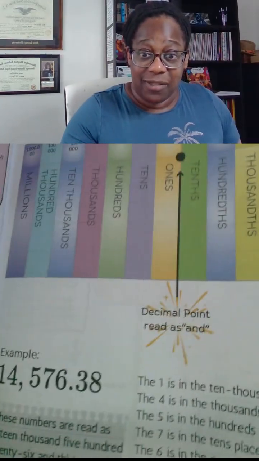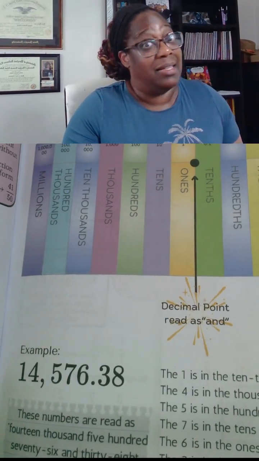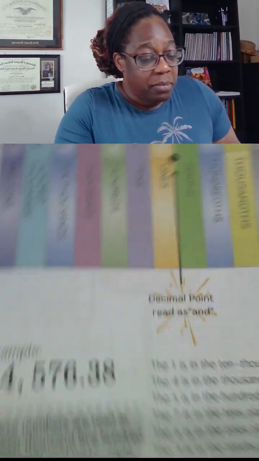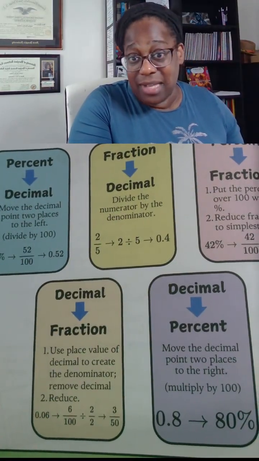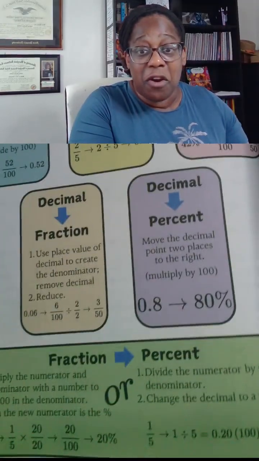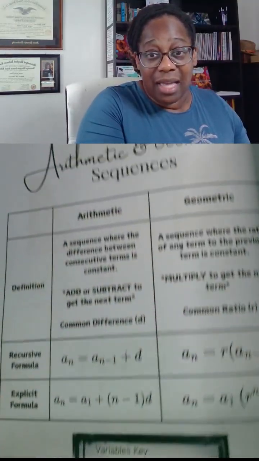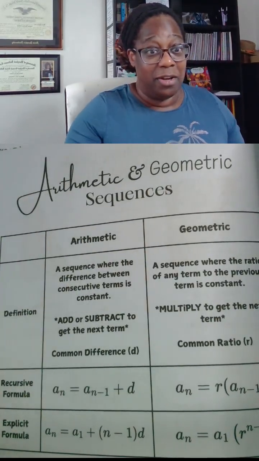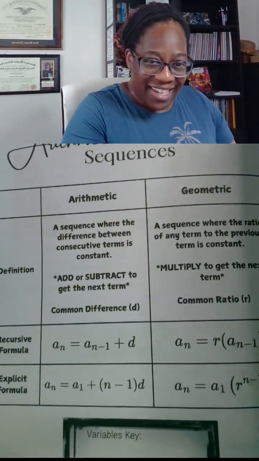The place values, there's some people that just struggle with that. A lot of kids are just being passed on, so they need these as well. And also lessen the confusion about percents, decimals, fractions, and the conversions of that. All of that is inside of here, as well as the arithmetic and the geometric sequencing. You're like, ooh, where is she getting this book? I know, I created it. It's fun.